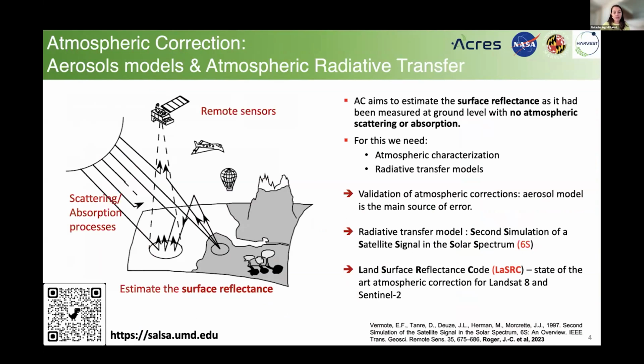In my team, the SALSA team, my colleagues and I have been working on that for many decades actually, and I built some aerosol models and atmospheric radiative transfer models. I added the QR code if you're interested in working on that. It's free, you can download it and it's documented.